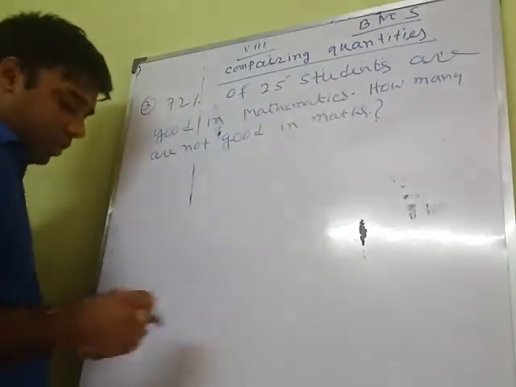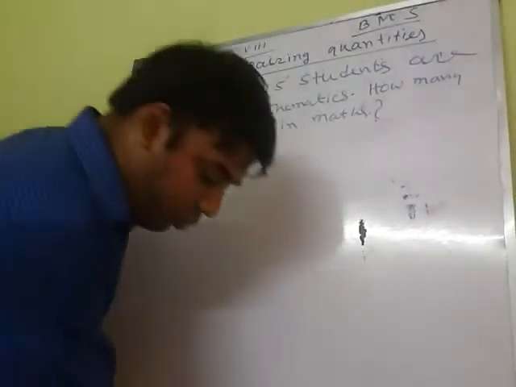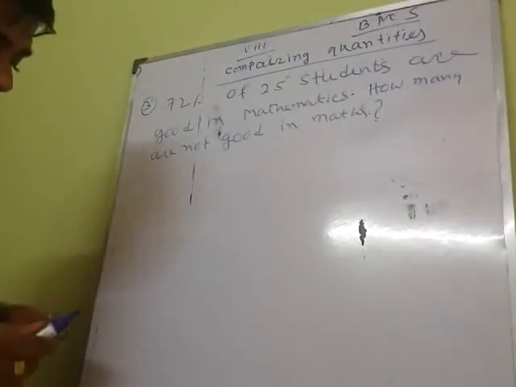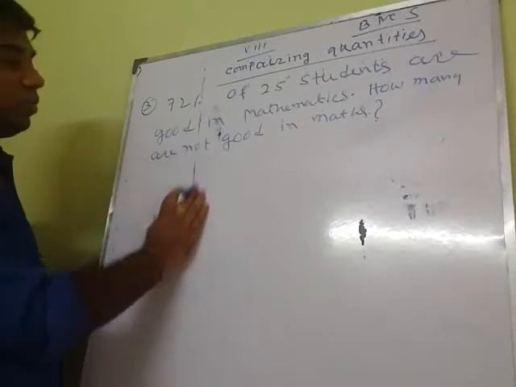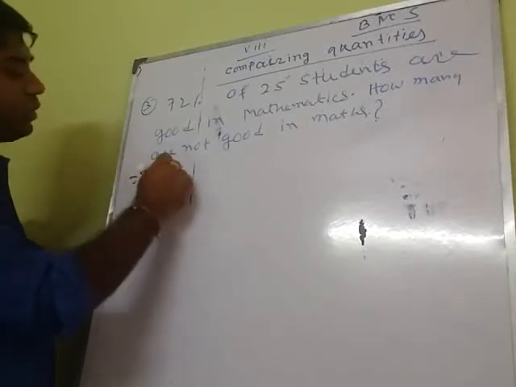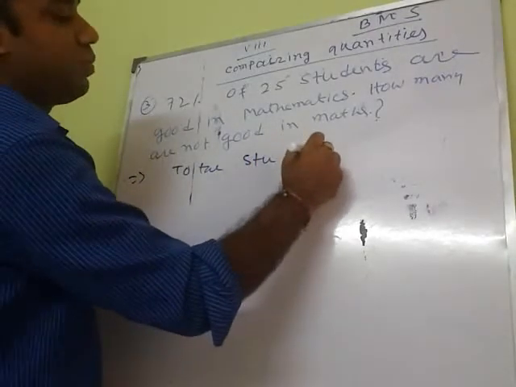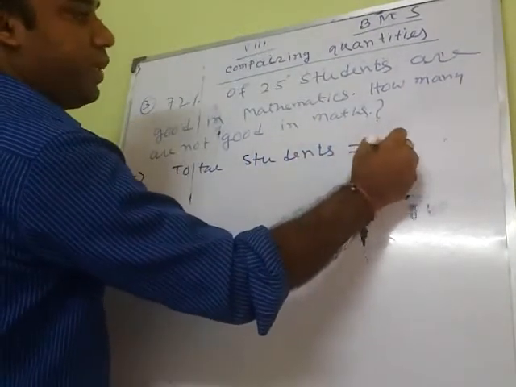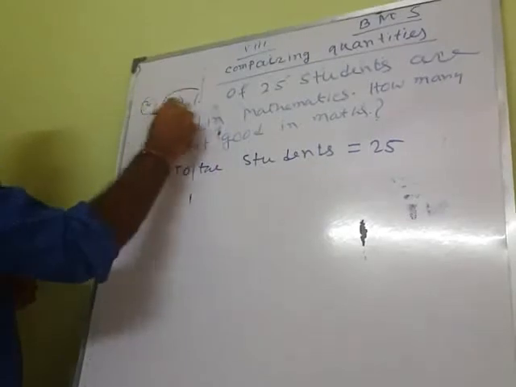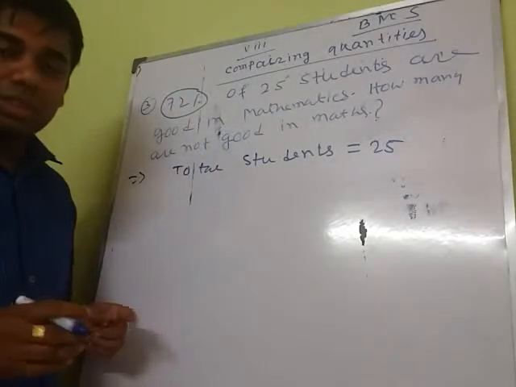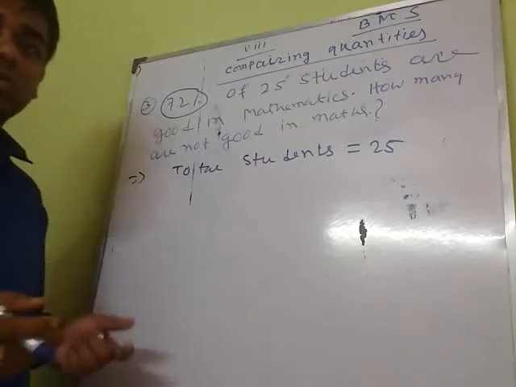So the total number of students is 25, and 72% of them are good in mathematics. How many are not good? Total is 100%, so what percentage are not good in mathematics?